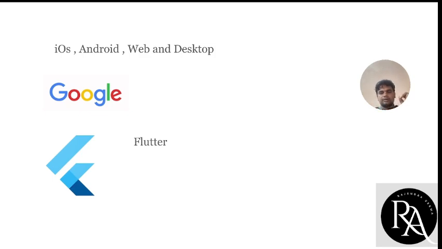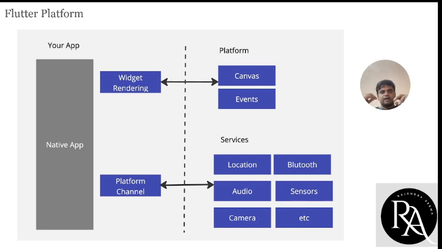Now let us see how the Flutter app works with a different platform. Let us suppose the gray color block is the app, and the right hand side is the platform, say a Windows platform.